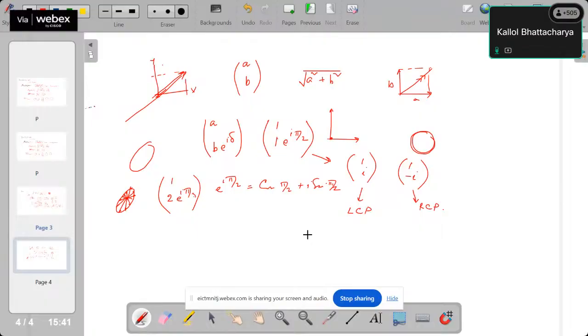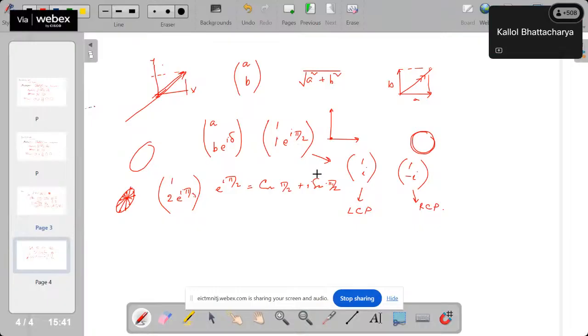And when the major axis and minor axis are equal, this is circular polarization. So for circular polarization, the two conditions are that the x component and the y component must be equal, and the phase difference between them must be equal to pi by 2.